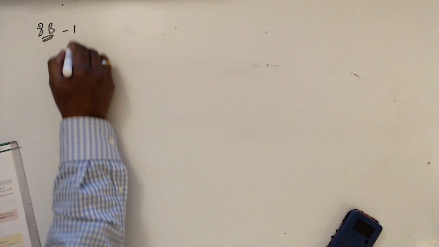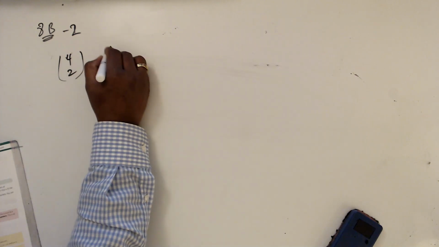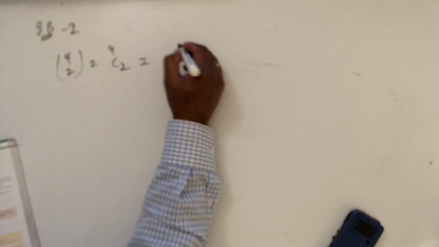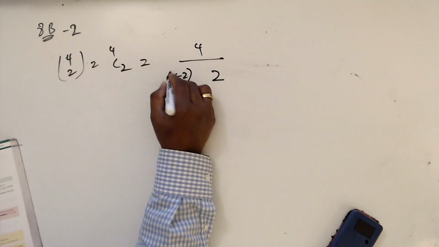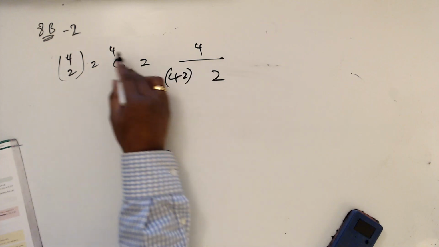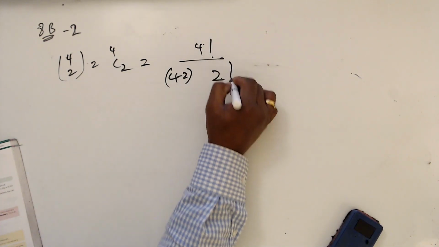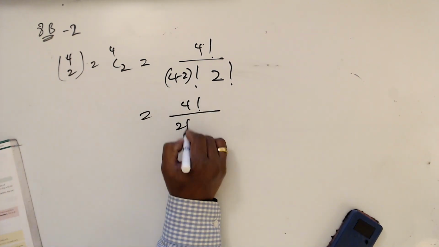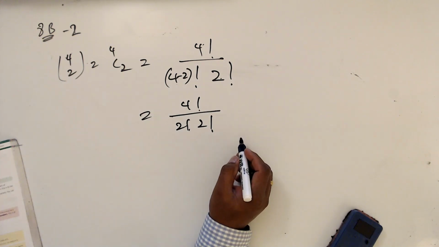Question number 2, you want to calculate 4C2. So what is it? 4 and 2 and 4 minus 2, the difference. 4 goes up, 2 goes down, and the difference. Those are factorials. So factorial 4 over factorial 2 times factorial 2.